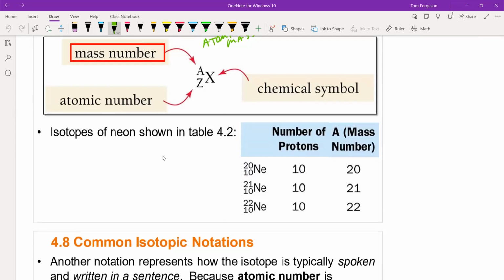This one here has 21 protons and neutrons, 22. So the number on the periodic table says 20.18. That's the average of all the isotopes in nature. So there are more 20s than 21 and 22, because the average is closer to 20 than to 21 and 22.